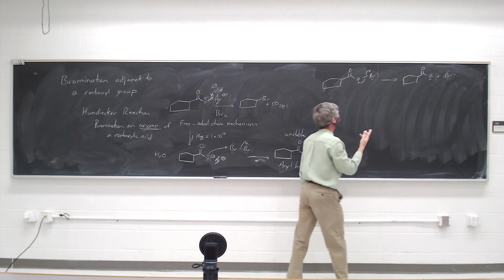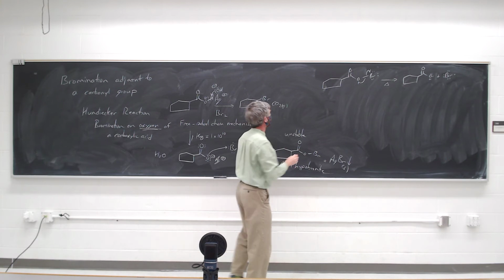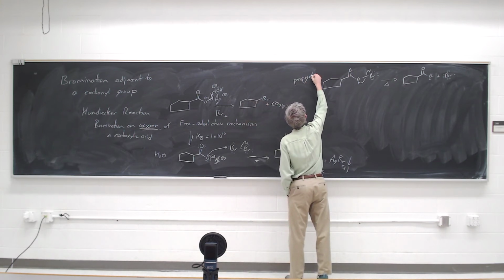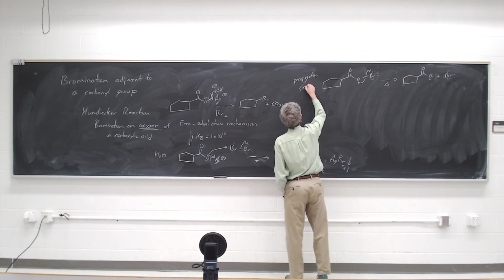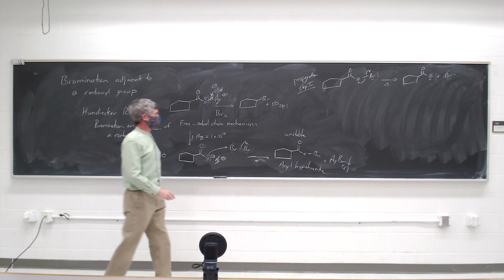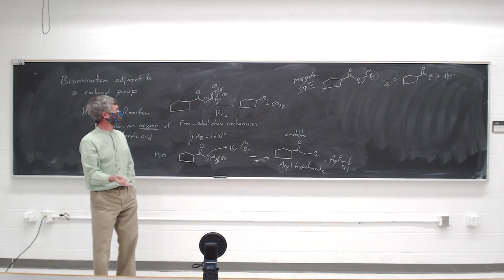Anytime you have a really weak bond like that, you can heat it up and you can spontaneously break the bond. So that's one propagation step. You'll notice that the initiation pathway here doesn't involve radicals, right?